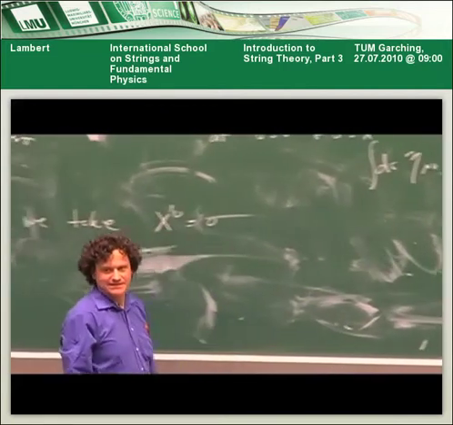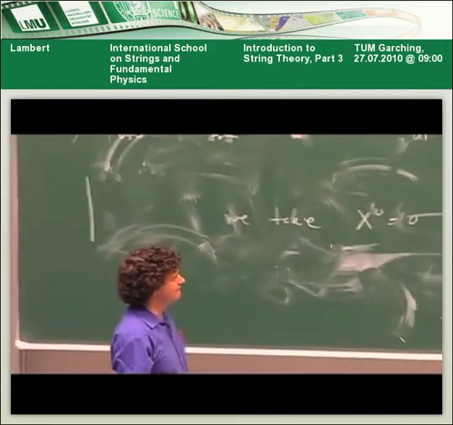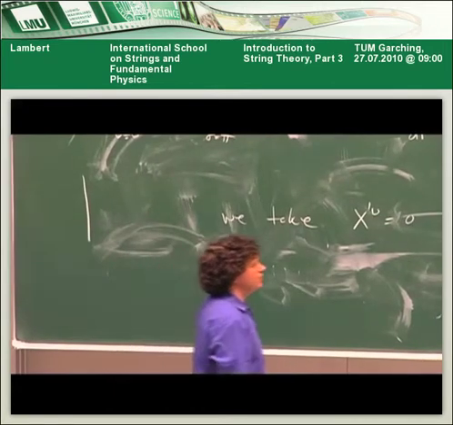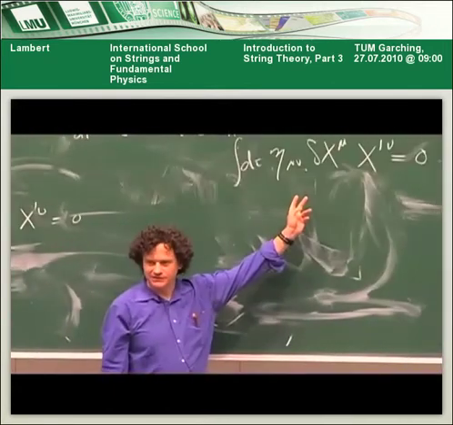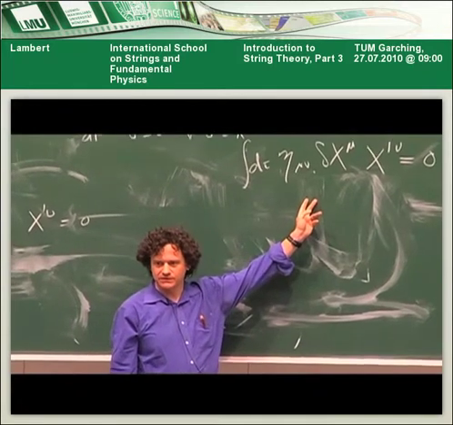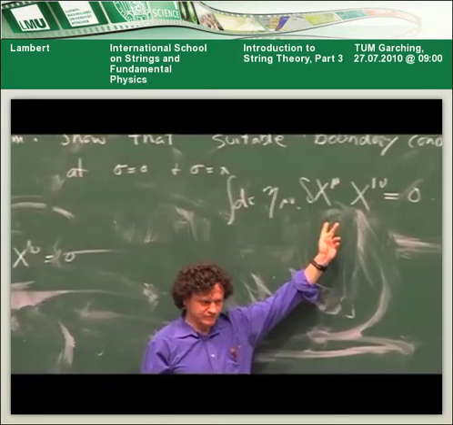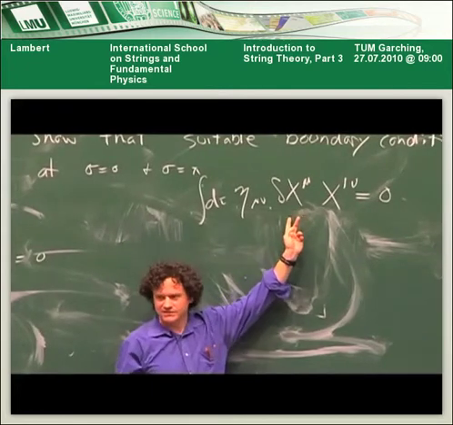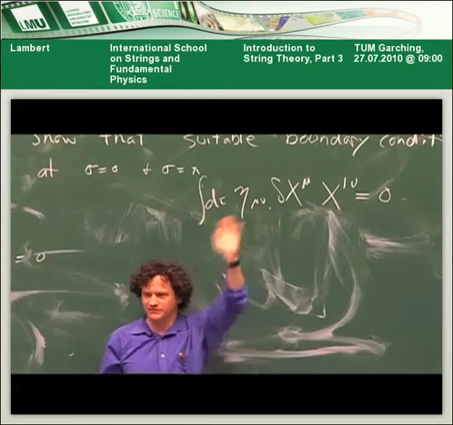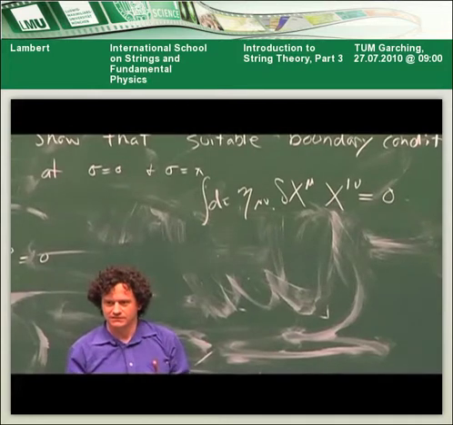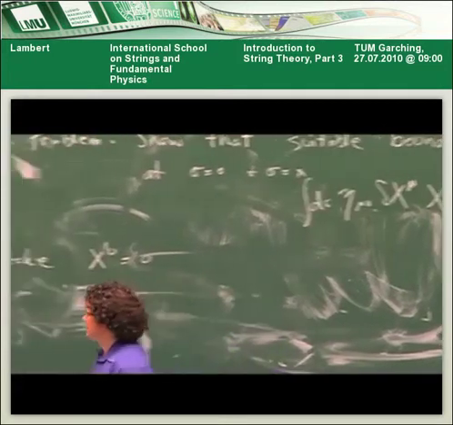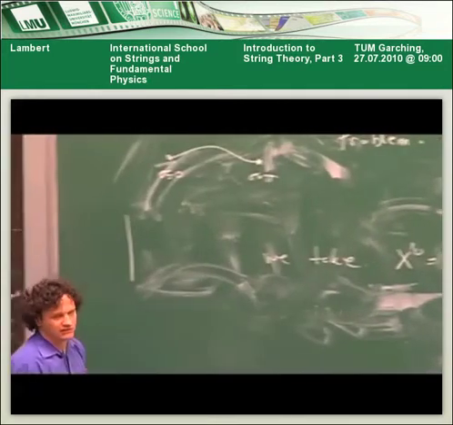And why is this integral usually dropped? Well, one usually only likes to consider what's called local boundary conditions. So you specify it at a point. You wouldn't want the boundary condition at time t to depend on the boundary condition at a time in the future. So you want a local boundary condition.